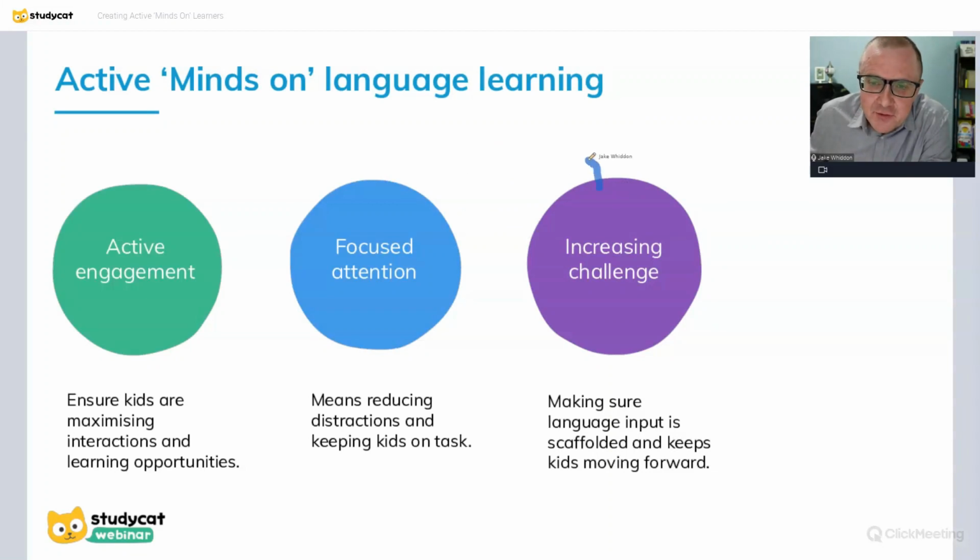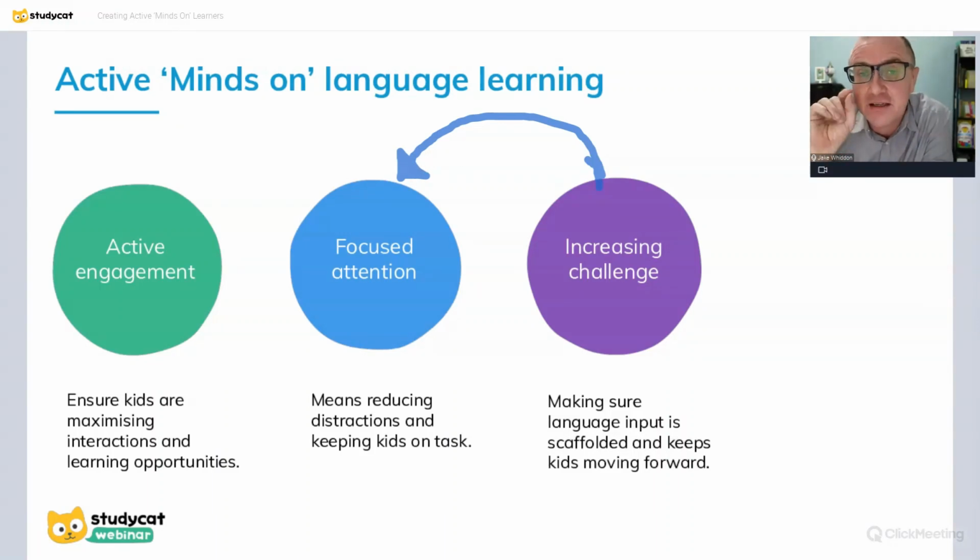So if you are just letting your students do the same thing over and over again, that's good for memory and repetition, but you need to increase challenge to allow them to focus their attention. This is how the brain works. It wants to find mistakes, so it can focus in on that mistake. And then it will try, and then it will increase, and it sort of goes around in circles.